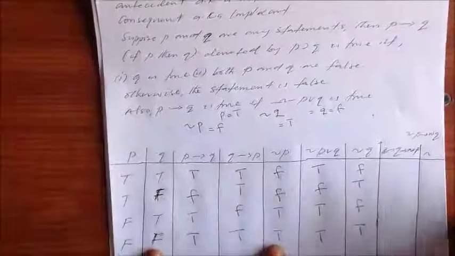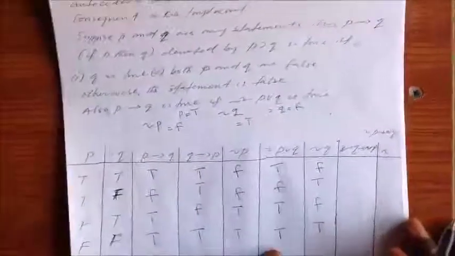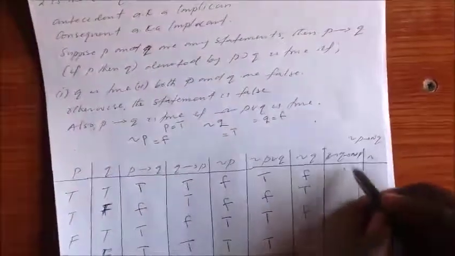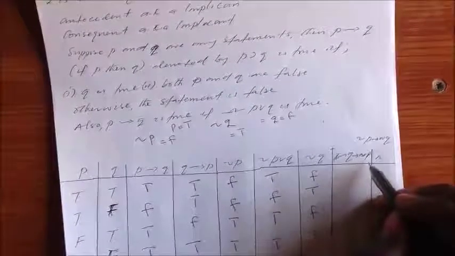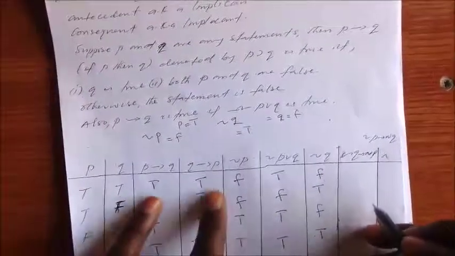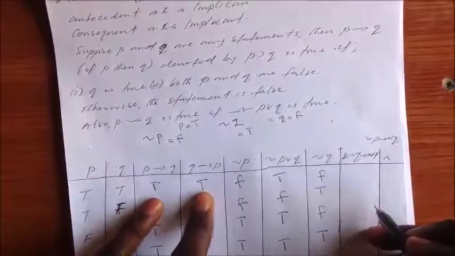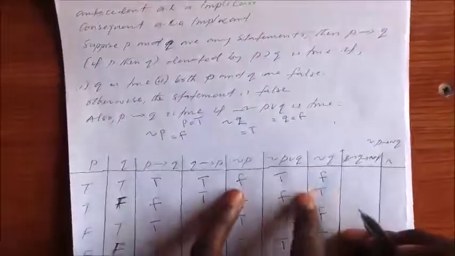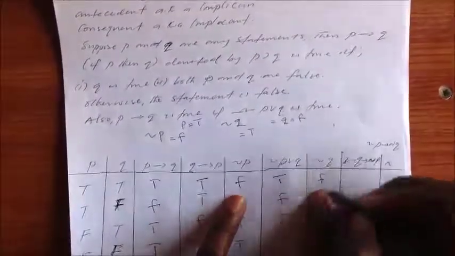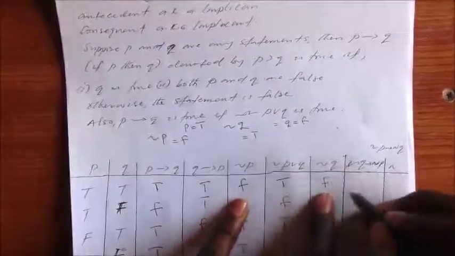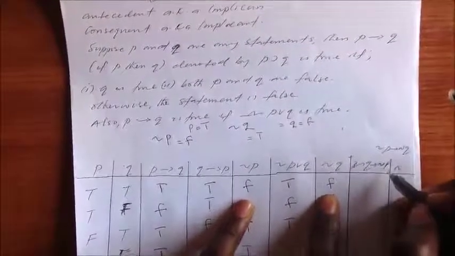Since at least one of them is true, the result is true. Then we have the negation of Q implies the negation of P. The negation of this implies this. It is true if and only if both are false or the consequent is true.